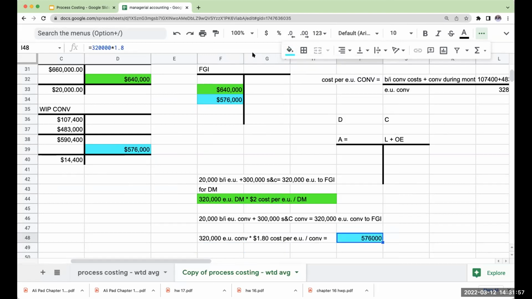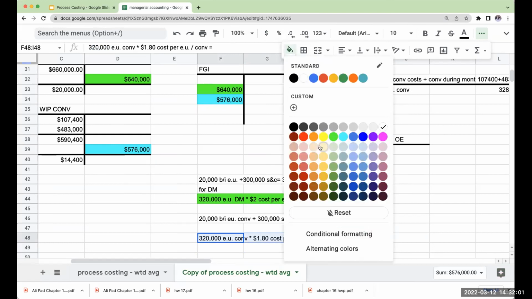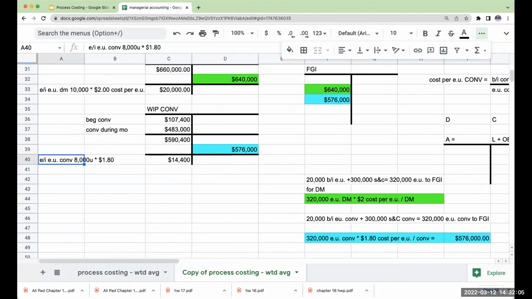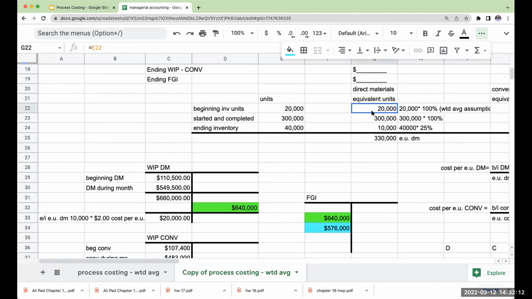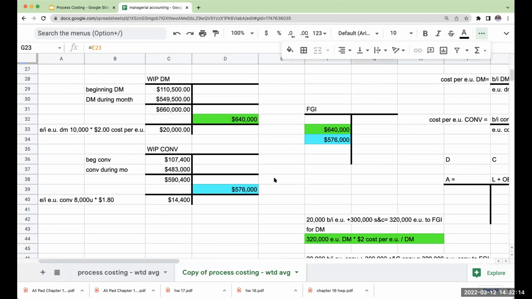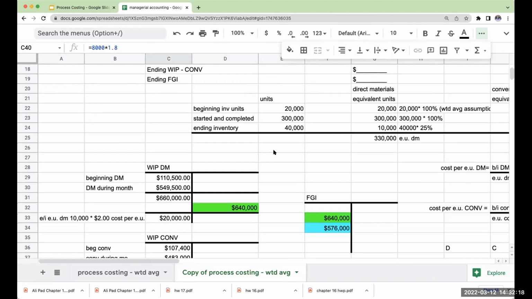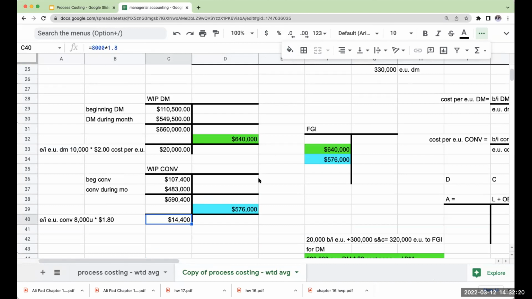This is going to give me 320,000 times $1.80, or 576,000. So by going through, I can do this either way, and this is going to be the best way to check our work. It has to work both ways. Whatever you're sending out to finished goods inventory has to be the beginning plus what you started and completed. Whatever's in the ending has to equal the number of equivalent units in ending inventory times your cost per equivalent unit.